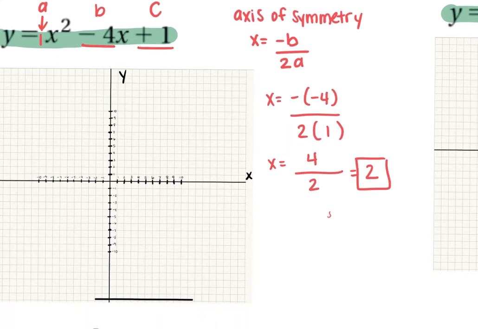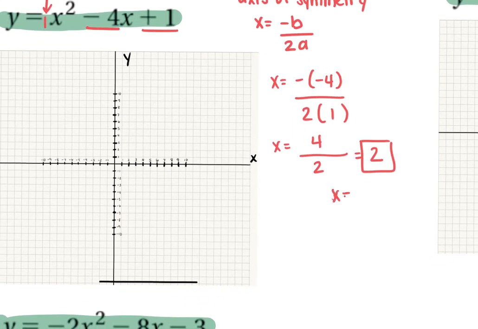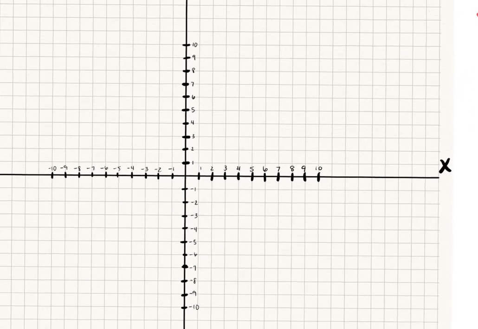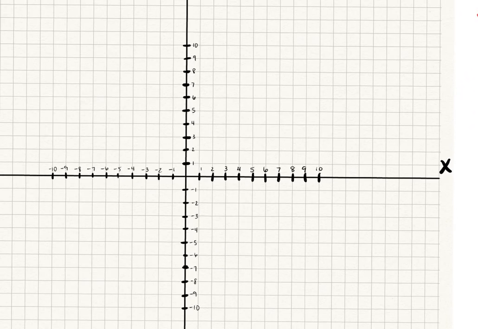So our equation is x equals +2. All we have to do is on our x-axis, find 2 and draw a dotted line vertically, okay? So on our horizontal axis, find where 2 is and draw a vertical dotted line.